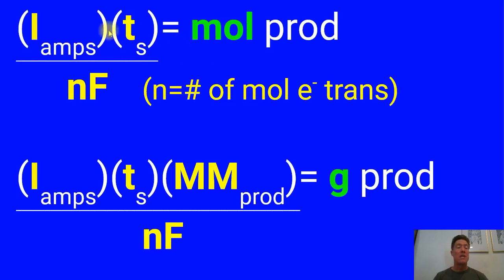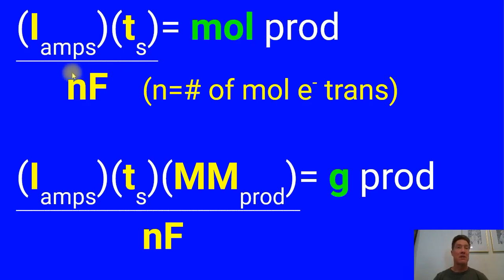So we can use these formulas. IT, that's our total coulombs, divided by Faradays gives us moles. And if we divide that by the number of moles of electrons transferred, so in the case of Al3+, 3 moles, we would take 3 moles of electrons to produce 1 mole of product.